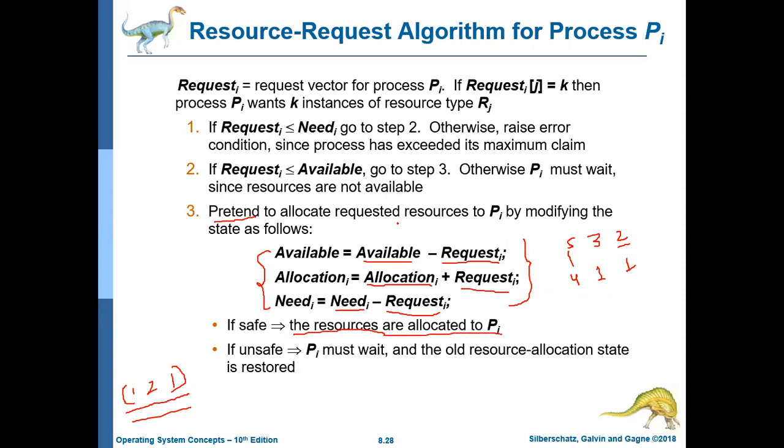If after this pretending you get an unsafe state, then this process must wait and the old resource allocation state is restored. Whatever you have changed here will be restored to the previous state. No changes will be there, and you are not going to allocate these resources to process Pi.